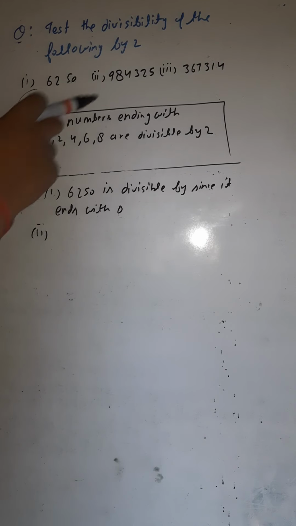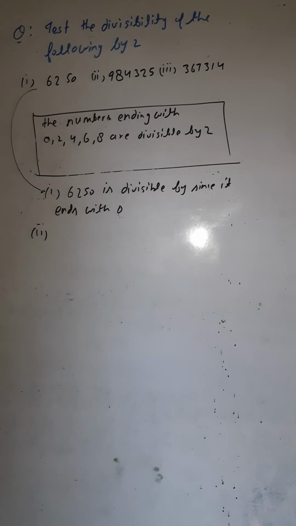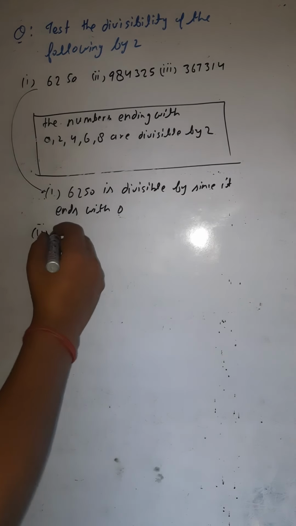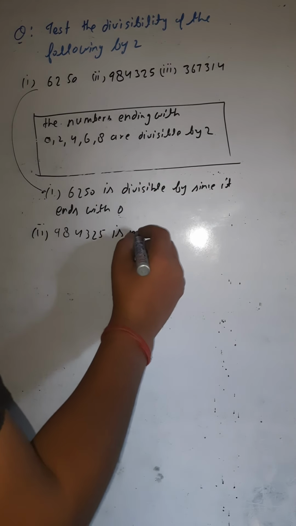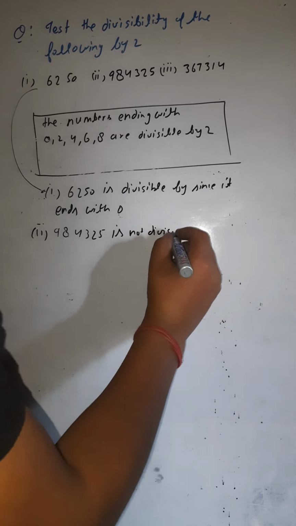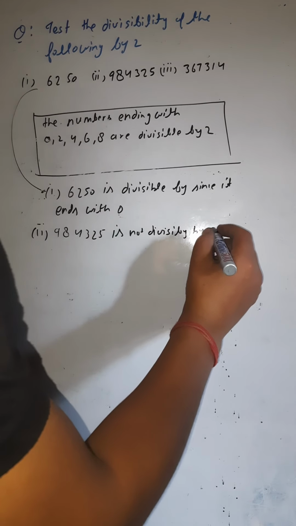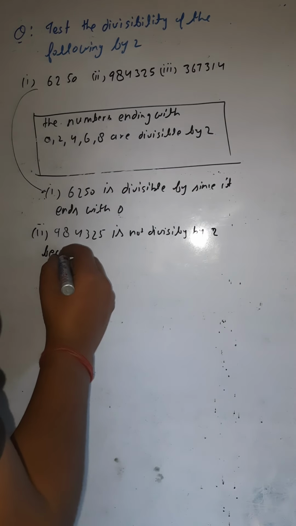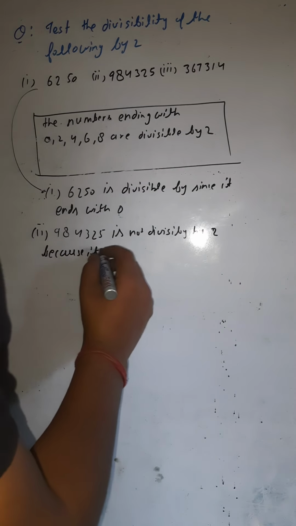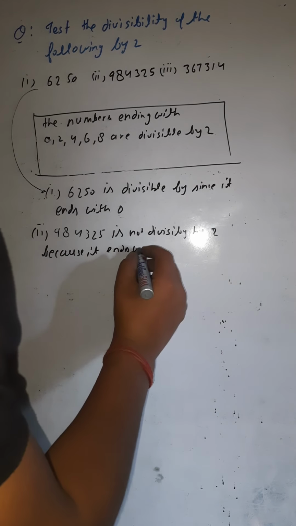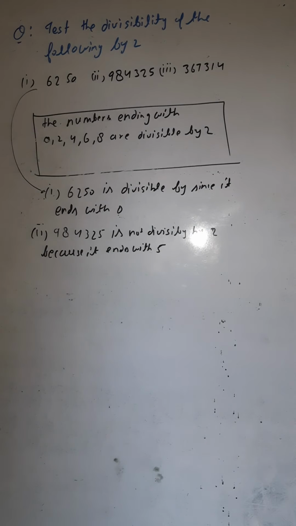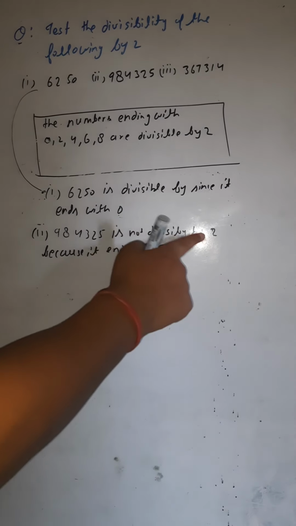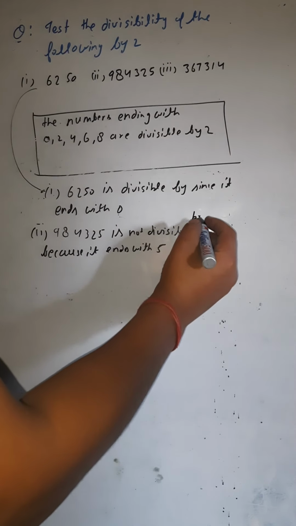But here it is 5. So this number would not be divisible by 2. So you would write here 984325 is not divisible by 2 because it ends with 5. Are you getting this? I'm just writing it up.